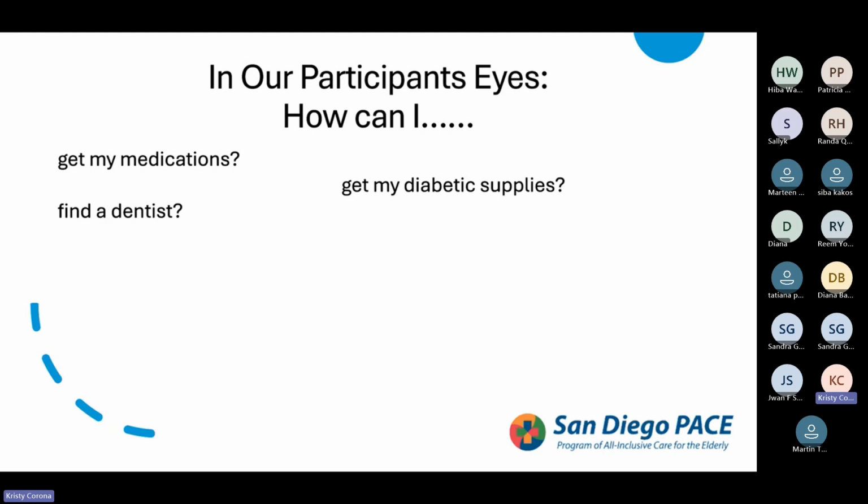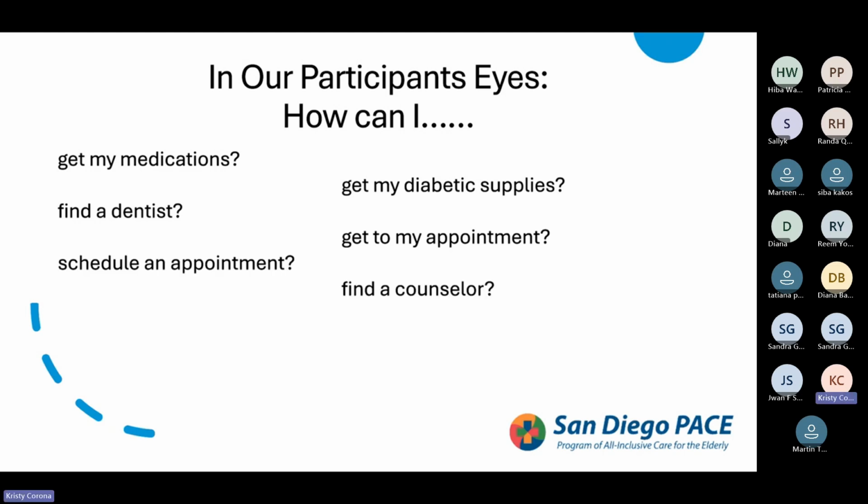How they can find a dentist, how they can get to their appointments, how they can schedule appointments, how they might find a counselor, how they might start their physical therapy or occupational therapy, how they might find a specialist.